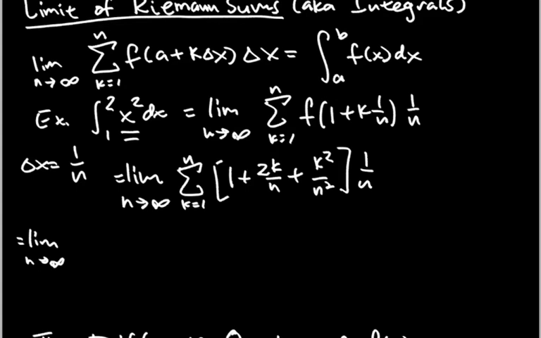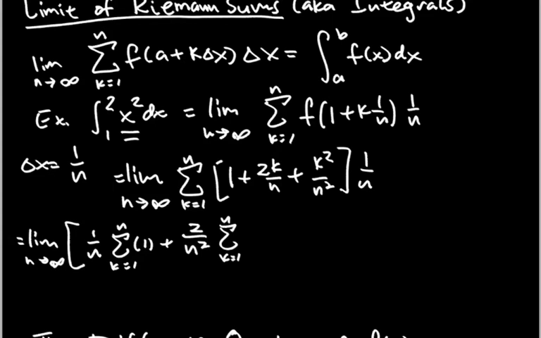Okay, so multiply that all in, and I'm just going to start simplifying this because I didn't leave enough space. Whoops, oh well. So we get 1 over n times the summation of 1, plus 2 over n squared times the summation of k, plus 1 over n cubed times the summation of k squared.